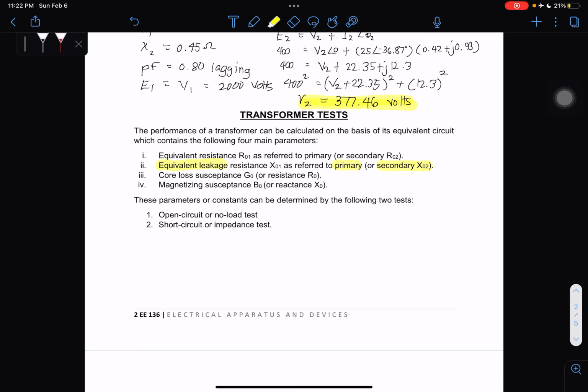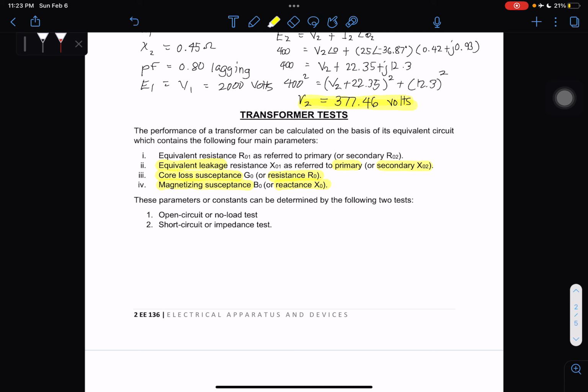Third, the core loss susceptance G0 or resistance R0. Fourth, the magnetizing susceptance B0 or reactance X0. These parameters or constants can be determined by the following two tests.